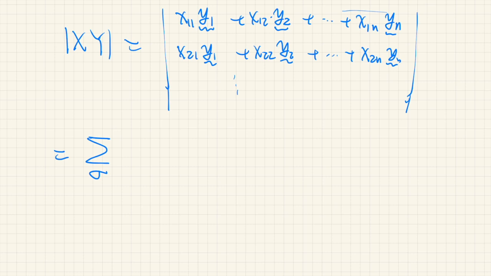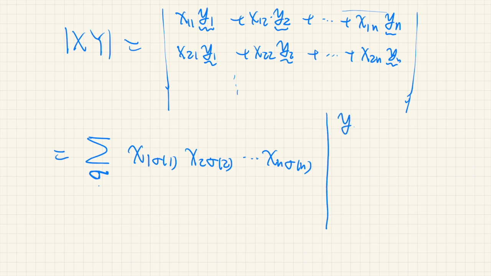So that we write as this: sum over sigma, the meaning of which I will explain later, of x1 sigma 1, x2 sigma 2, and so on, xn sigma n, times the determinant of y sigma 1, y sigma 2, and y sigma n.